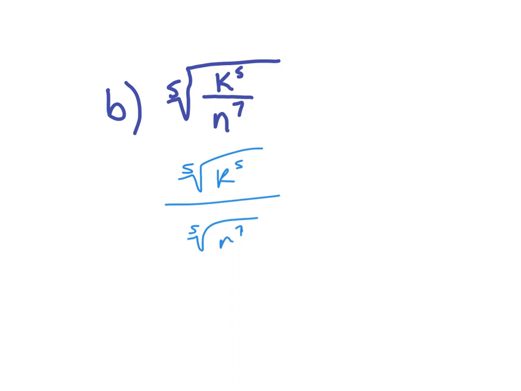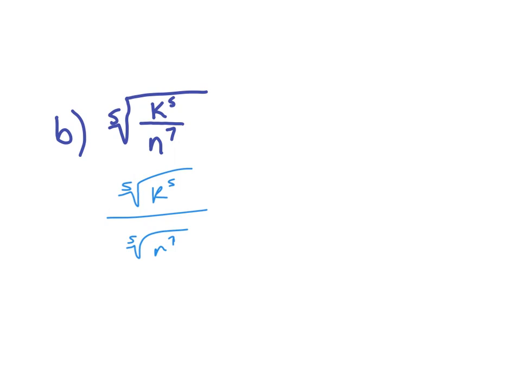What can we do next? We can write out all the k's. So we have 5 k's. 1, 2, 3, 4, 5. So we're circling groups of how many? 5. So what comes out?